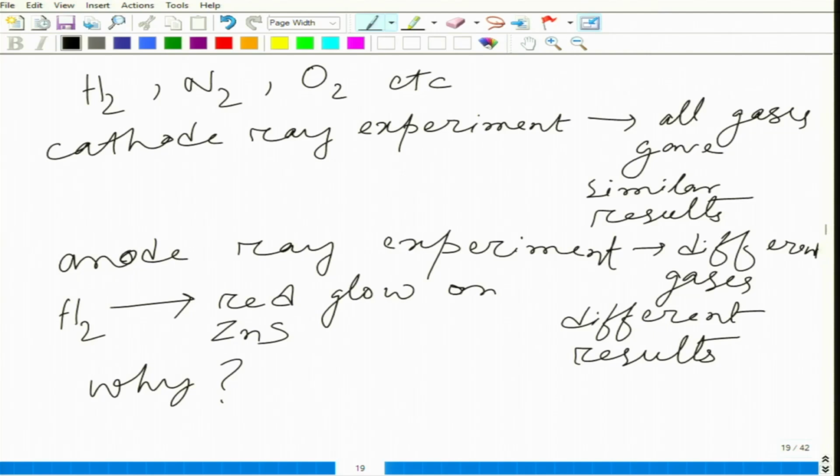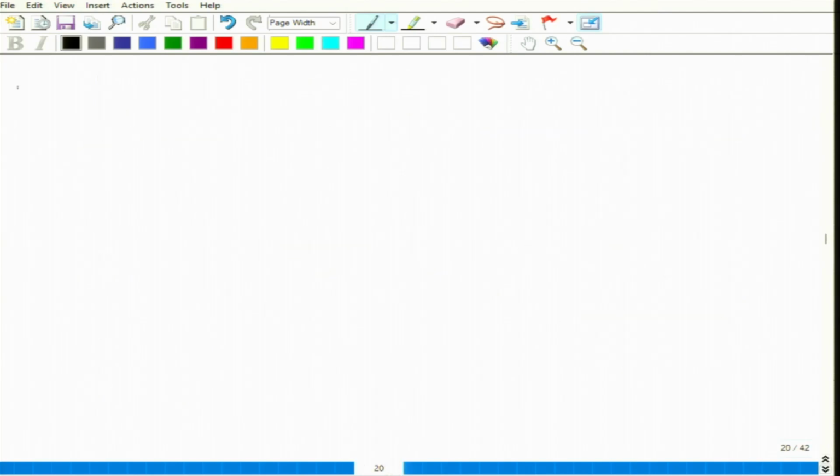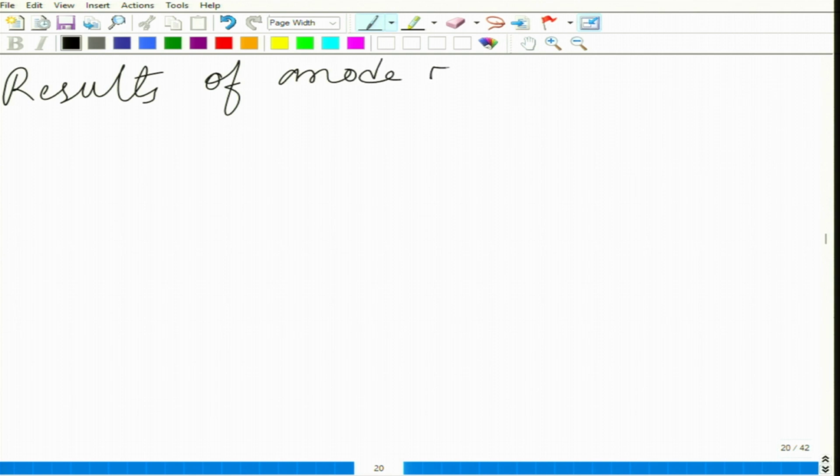So what happened? The results of the anode ray experiment. What was the first result?